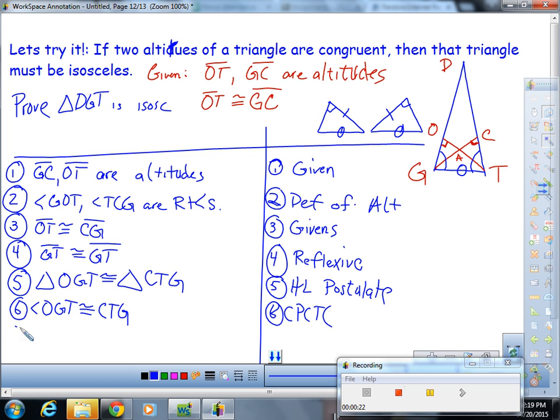Hopefully you're starting to get used to this. Some of you would skip right to the answer, and according to the book, that would be okay. I like to just write this out. That means that OG, that should be an O, OG is congruent to CT. No, it was DG the whole time. I'm sorry. DG is congruent to DT by if two angles from a triangle are congruent, then the sides that are opposite from those angles must be congruent.